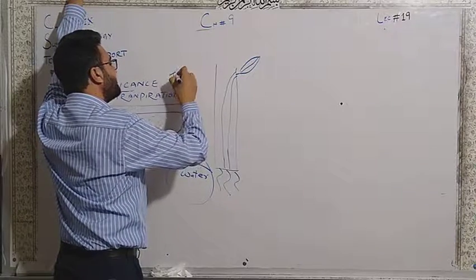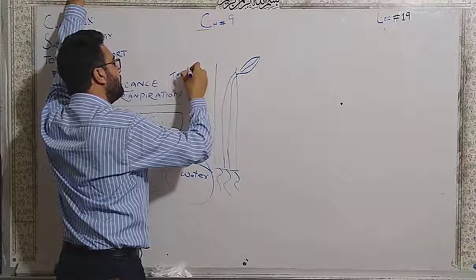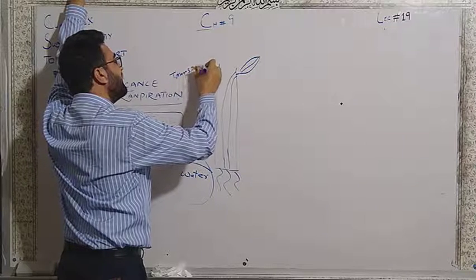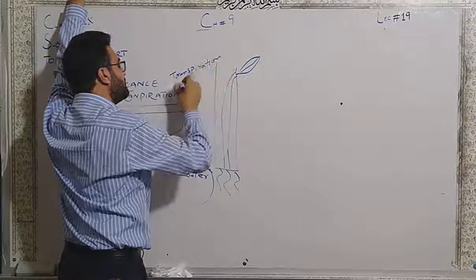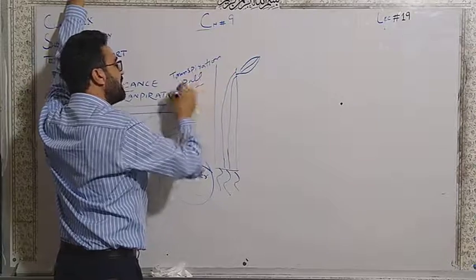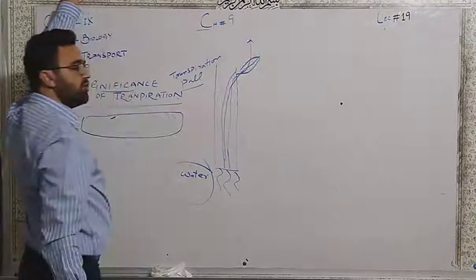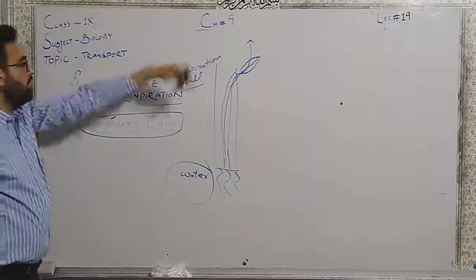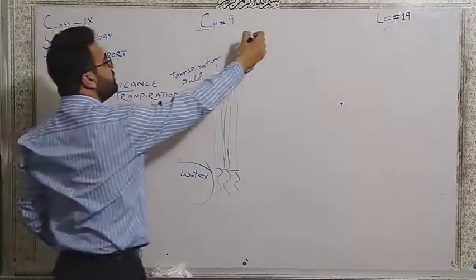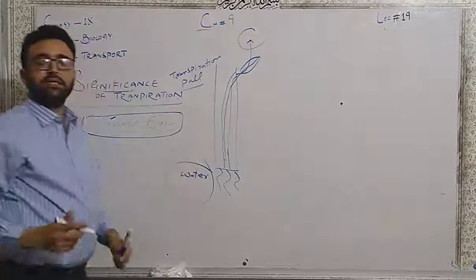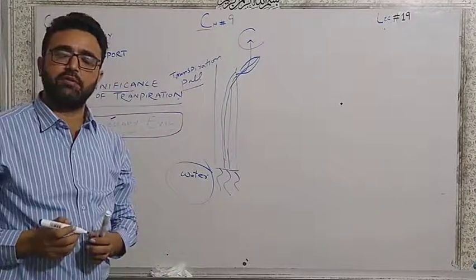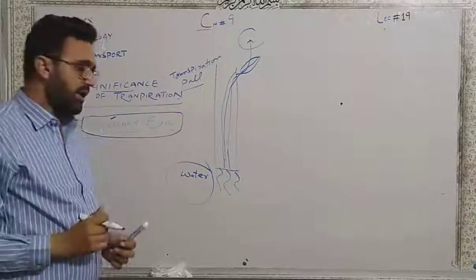And if there is no transpiration, then how will transpiration pull generate? And if there is no transpiration pull, how will the water move? This is impossible. Along with that, when water goes to the environment, it definitely loads on the temperature of the surroundings, having a cooling effect.